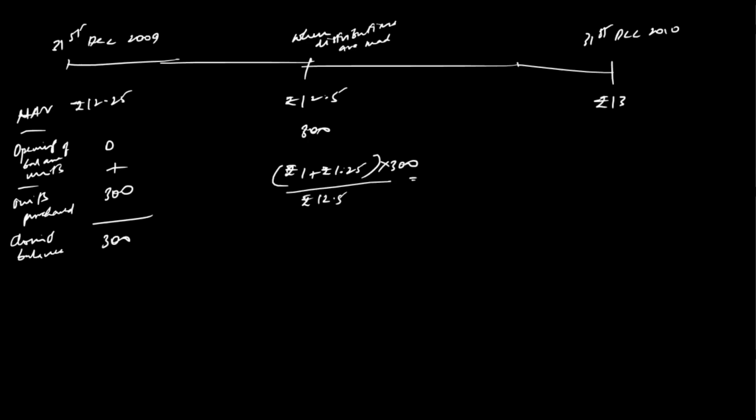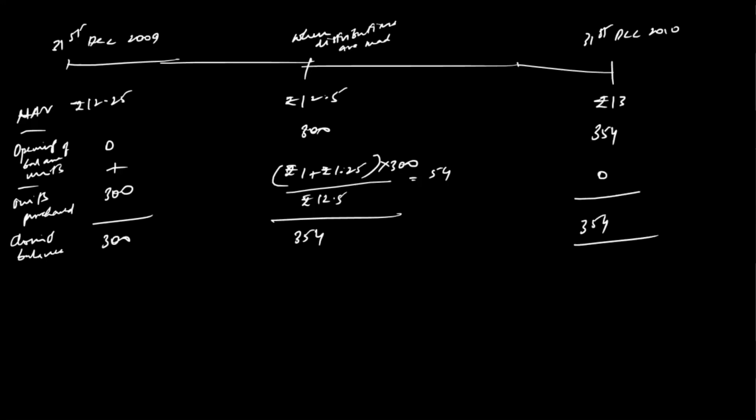So it is 1 plus 1.25, that is 2.25 into 300, that is 675 is what we received in total. And when we are dividing this by 12.5, we get 54 additional units. So 300 plus 54 is 354 is the closing balance of the units. And here the opening balance is 354 and there are no units purchased at this time. So the closing balance is 354 units, right?